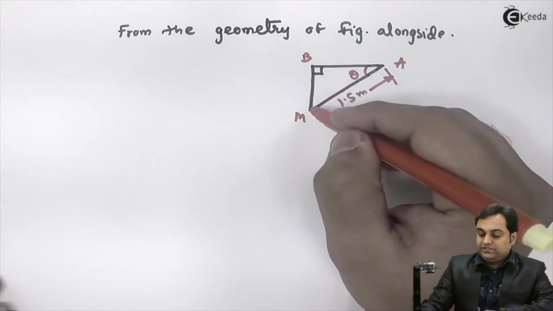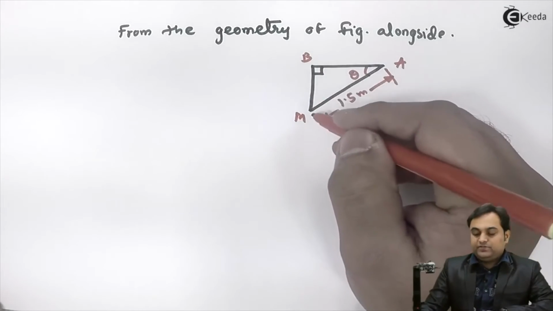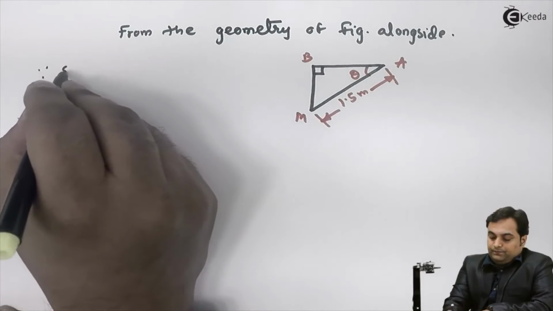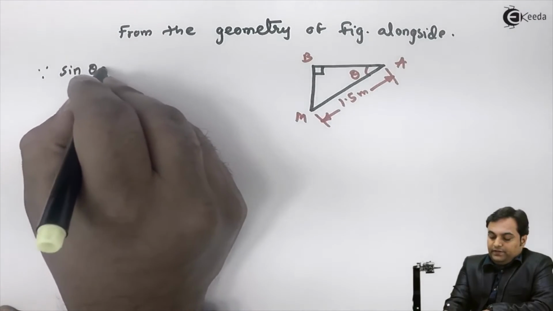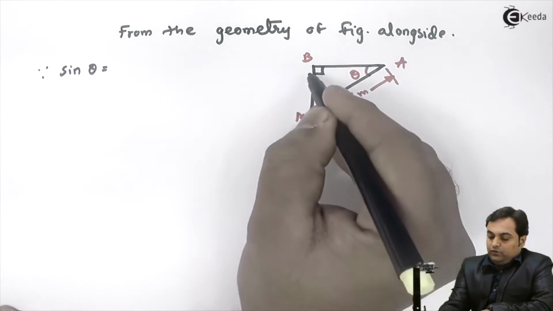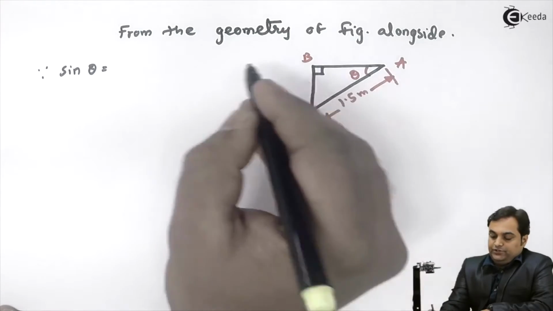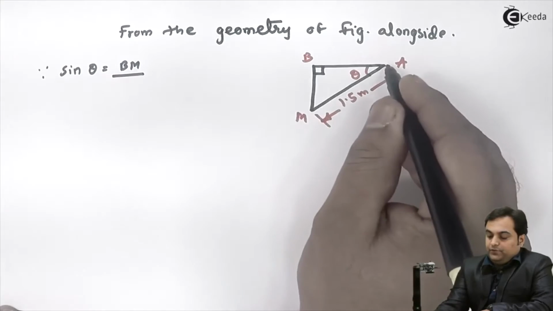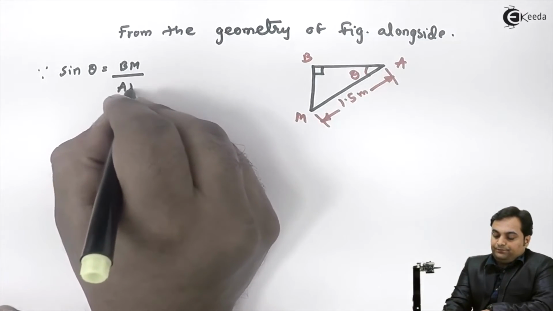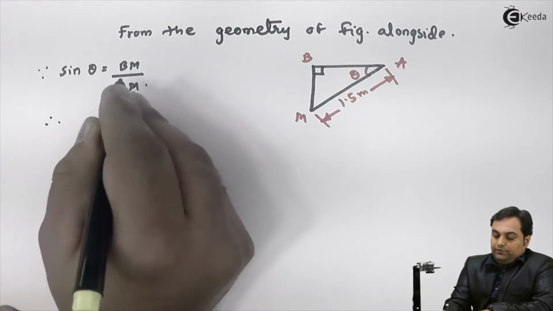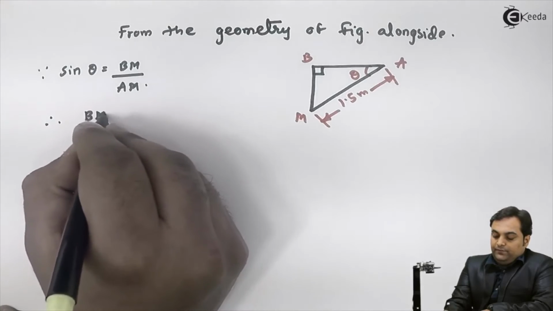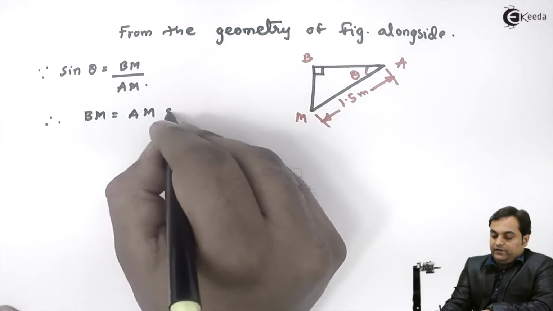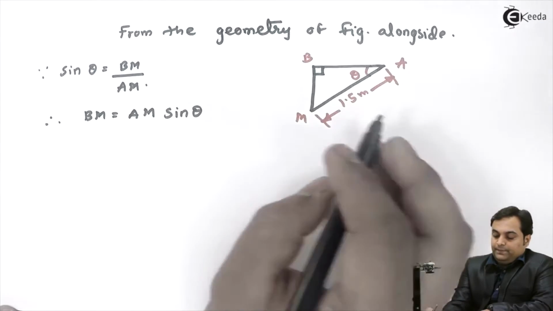Now here I want distance BM. Once BM is known, we can get h bar. Since sine theta is equal to opposite upon hypotenuse, opposite is BM, hypotenuse is AM. I want BM value here, so BM will be equal to AM sine theta.